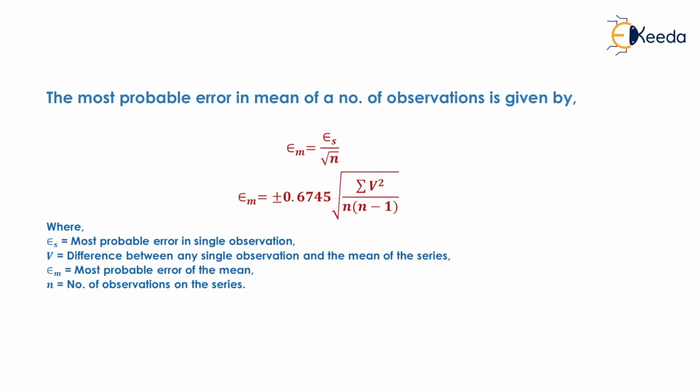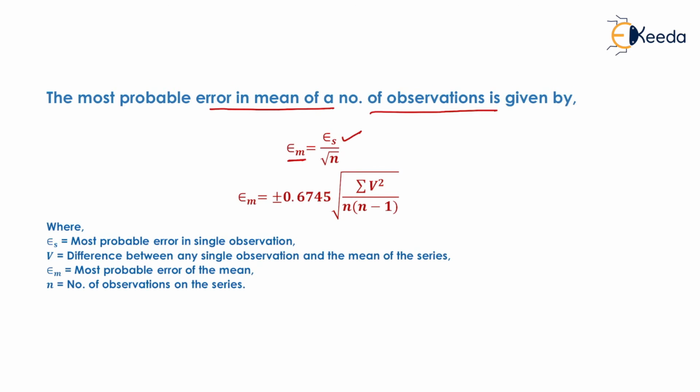Now we will calculate the most probable error in the mean of a number of observations. Now we have to distribute this error into a number of observations. So it will be represented by EM is equal to most probable error in single observation divided by root n.